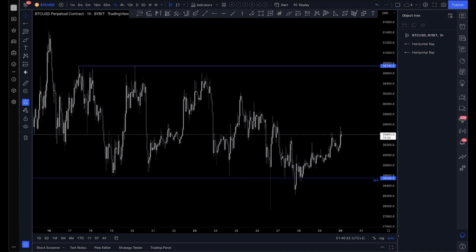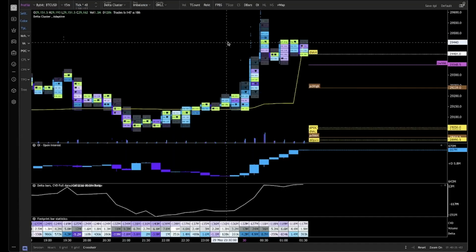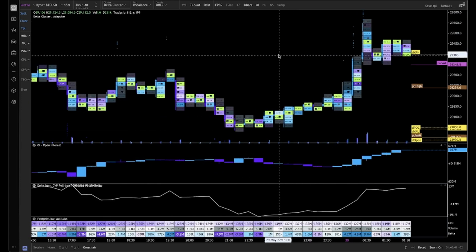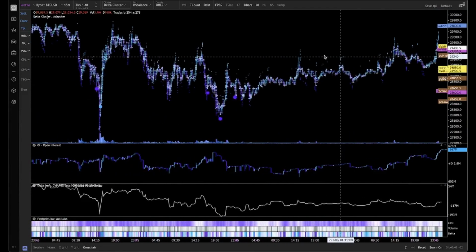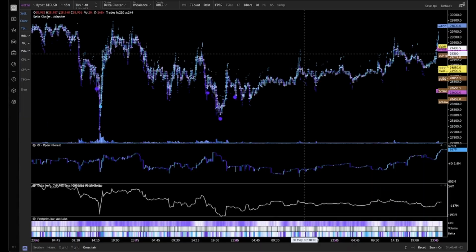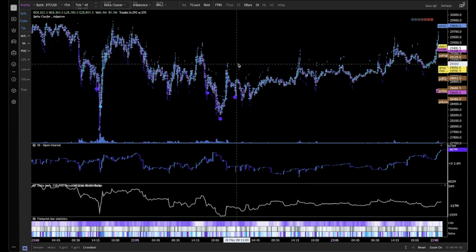In order to trade this with order flow, you need the order flow template, which is on the website. And let's go back for this example to show you guys what happened.